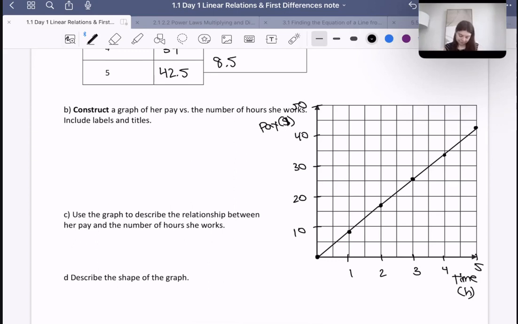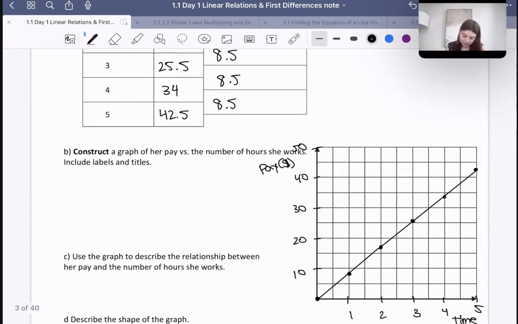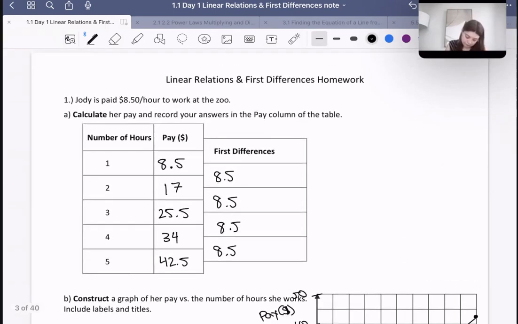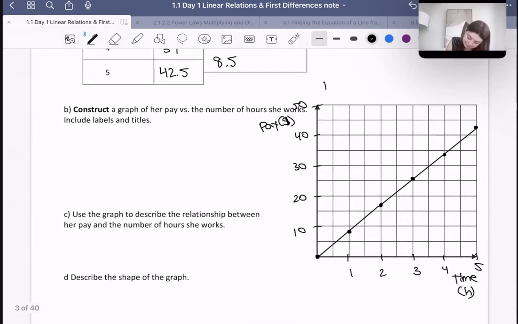Okay. The next one says include labels and titles. I did include labels. I didn't include a title. So I'm going to title this graph, what was her name? Jody. Jody's pay. Jody's hours versus pay is what I will label it.